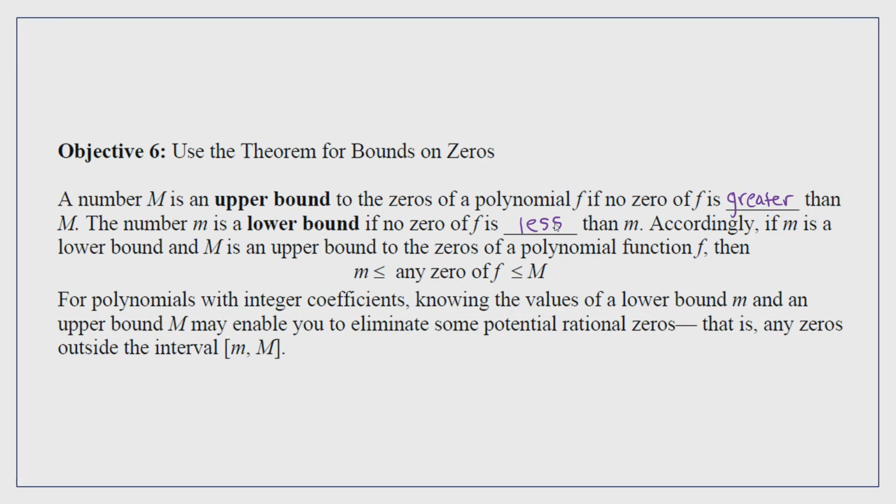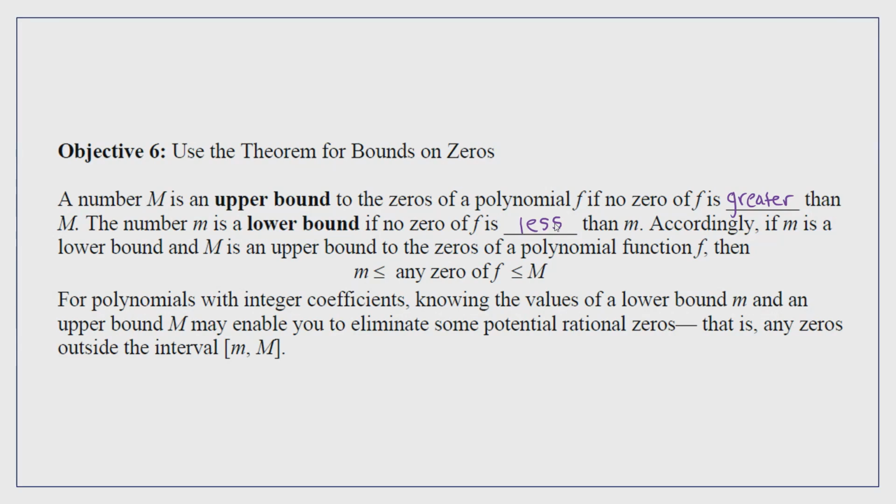Accordingly, if lowercase m is a lower bound and capital M is an upper bound to the zeros of a polynomial function f, then lowercase m is less than or equal to any zero of f that is less than or equal to capital M.